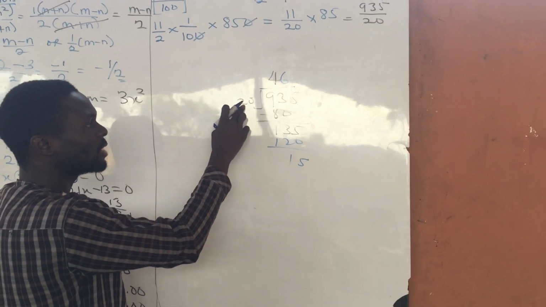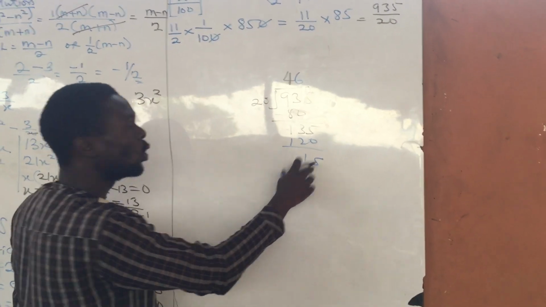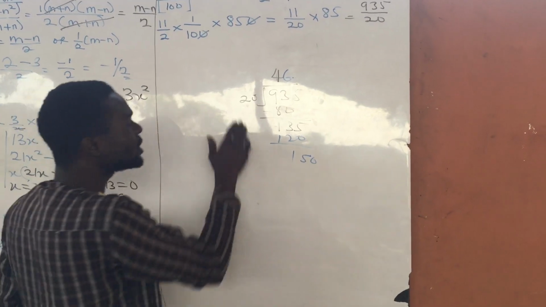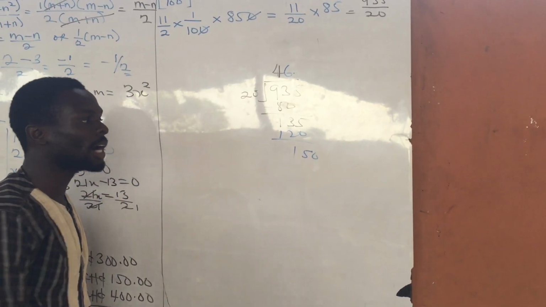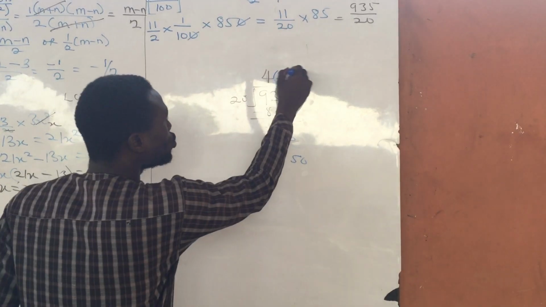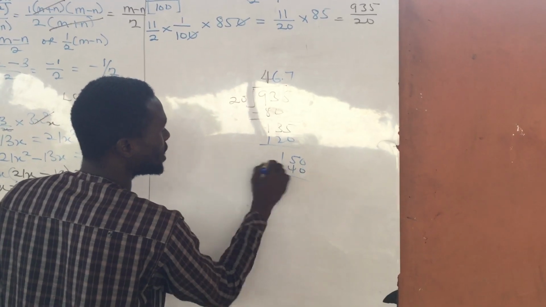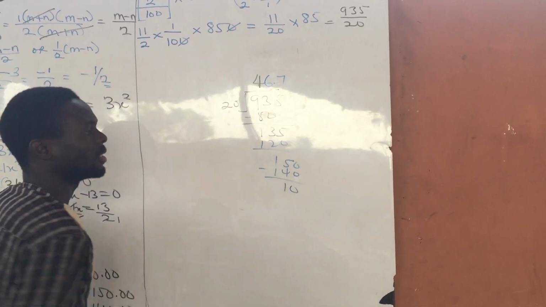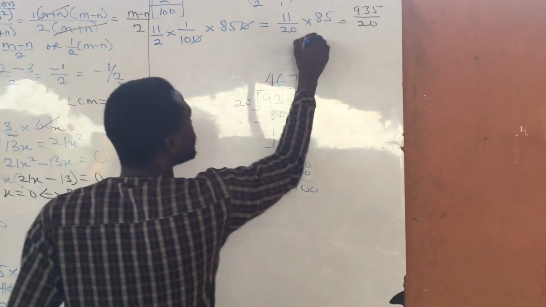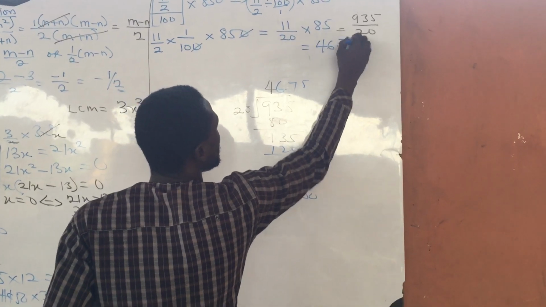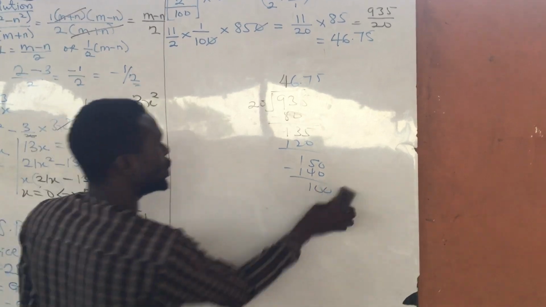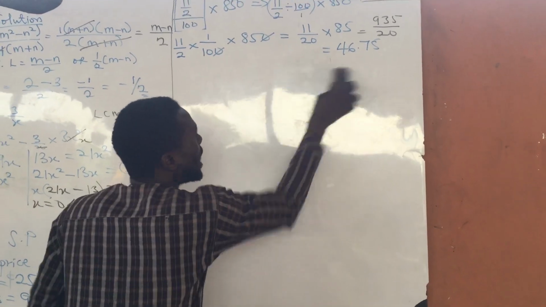Again, you ask, can 20 go into 15? No. Bring a decimal point, you have a 0 here. So 2 times what will give you 150? 2 times 7 is 14. So 2, 7, 14. Subtract, you have 10. You bring a 0, you have 5. So we are going to get 46.75 as our answer using the long division.